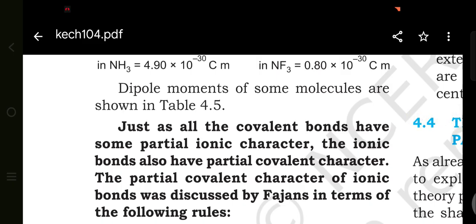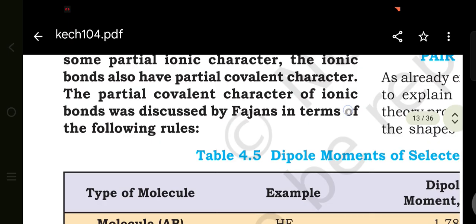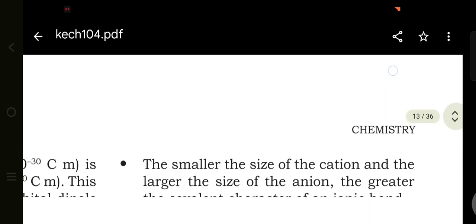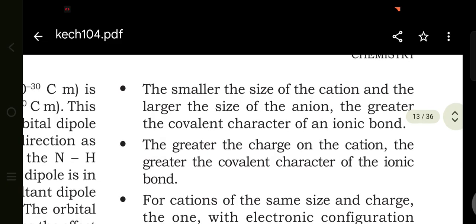Just as all covalent bonds have some partial ionic character, ionic bonds also have partial covalent character. The partial covalent character of ionic bonds was discussed by Fajans in terms of the following rules. The smaller the size of the cation and the larger the size of the anion, the greater the covalent character of an ionic bond.